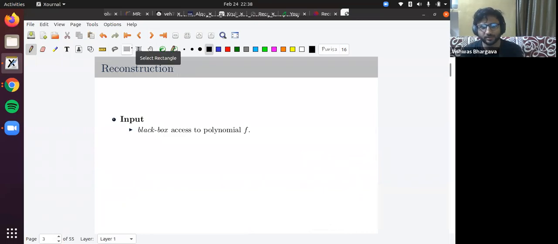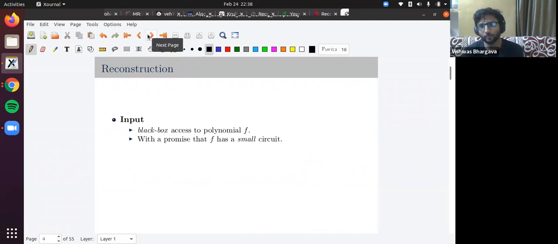Now the problem of reconstruction. It's a very fundamental problem in the field. Here the circuit is hidden from you, and you are only given black box access to the polynomial, which means you can give the black box any point and the black box will give you an evaluation.